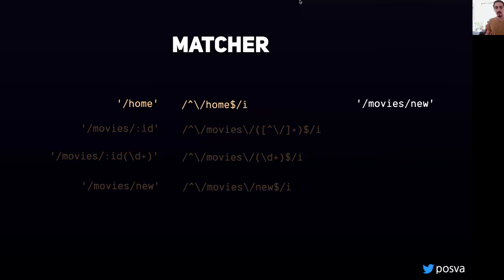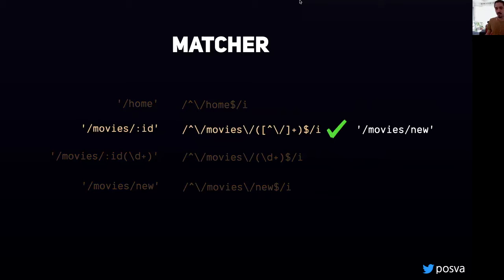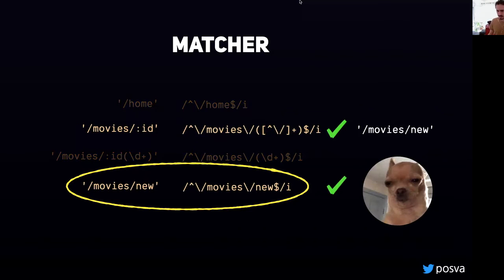So as soon as it gets to the second one, it's going to stop there and say, okay, this one works. I can just give to the ID the string new and stop there. But in reality, what we want to do is to match the last one. So this is a bit confusing when we are using the router for the first time and we don't know that the order matters.